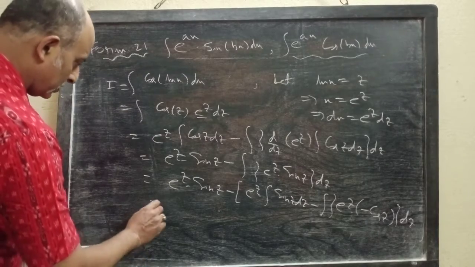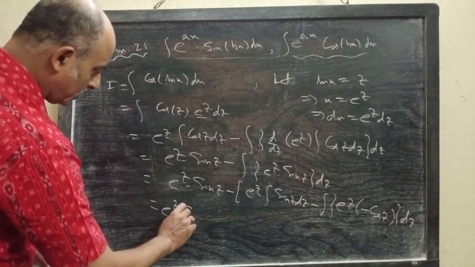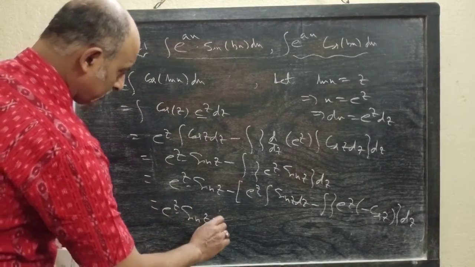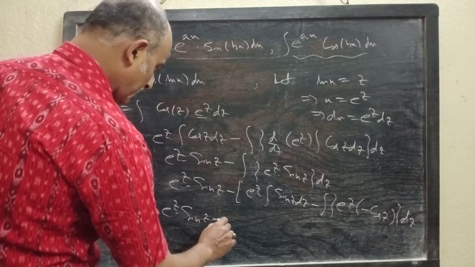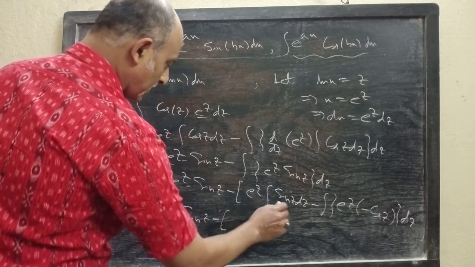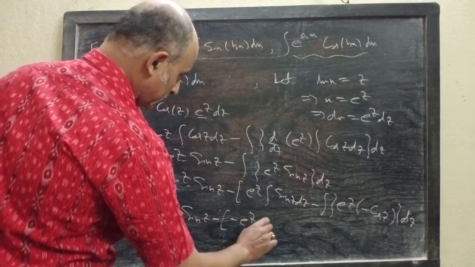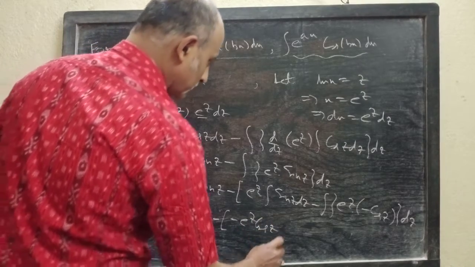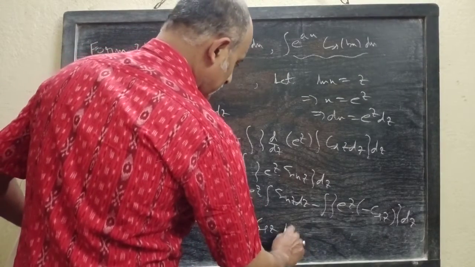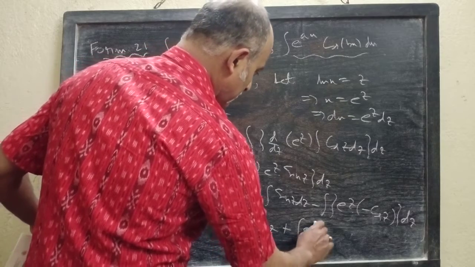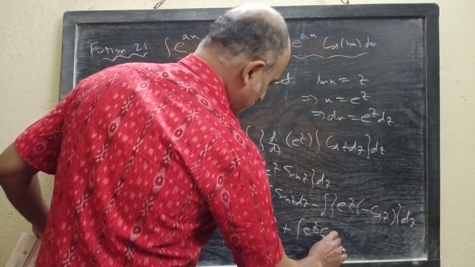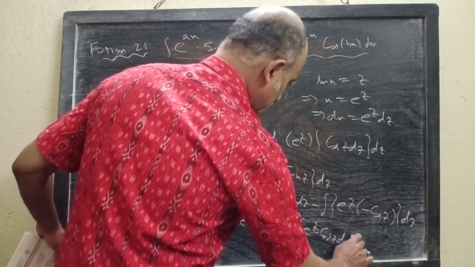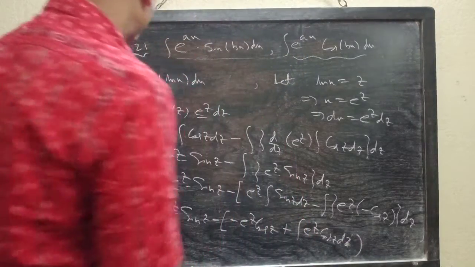So we get e to the power z sin z minus third bracket, this is minus cos z, so e to the power z cos z, this is plus integration e to the power z cos z dz, third bracket closed.